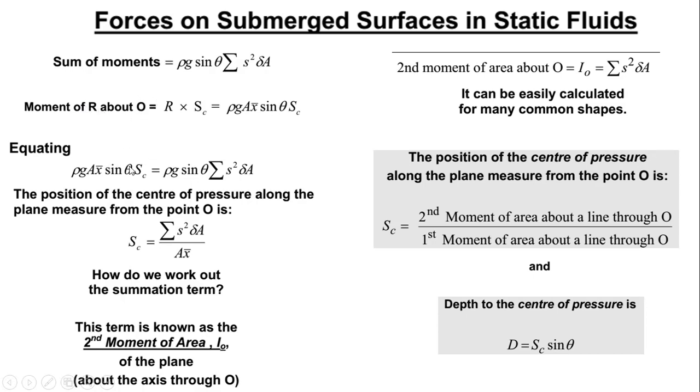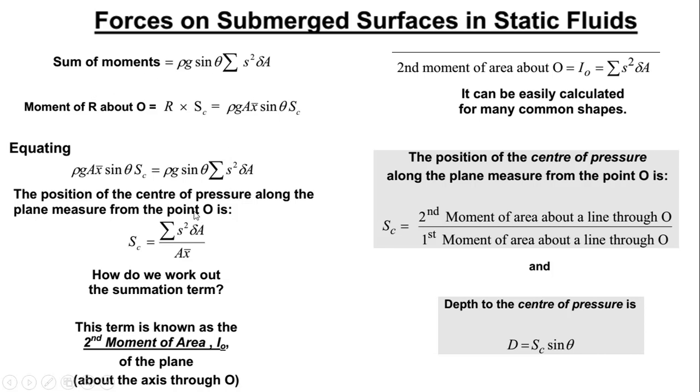So now equating the moment of R about O and the summation of moments that we have, we'll get this equation: rho g A x bar sine theta SC, the moment of R about O, should be equal to rho g sine theta summation of S squared delta A, which is the sum of moments.